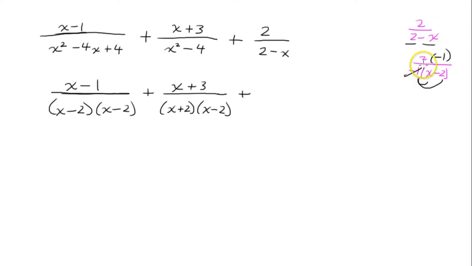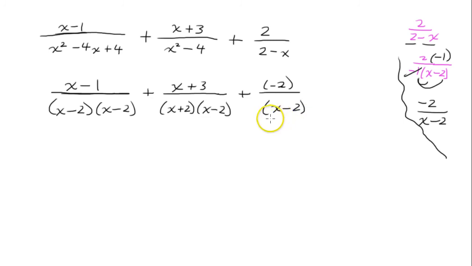So you can put that negative in the numerator or the denominator. Just to clarify, this becomes negative 2 over the quantity x minus 2. That's what I'm going to write over here: negative 2 over the quantity x minus 2.